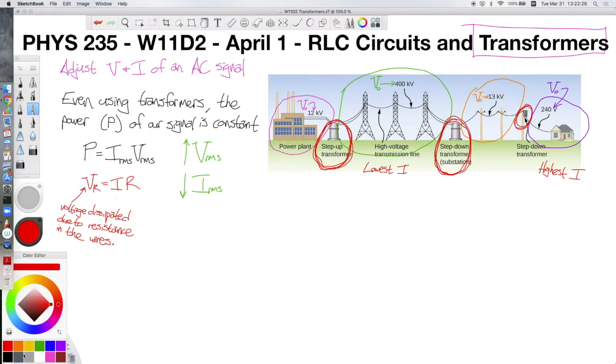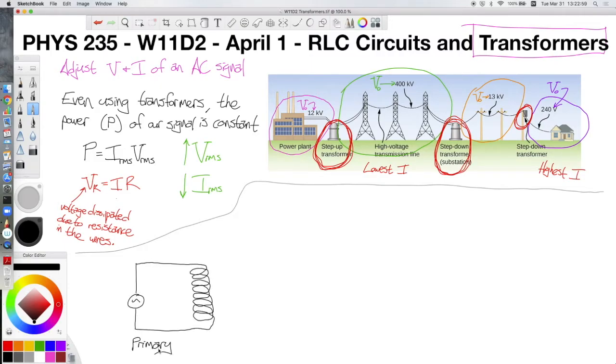So now on to what an actual transformer looks like. There are two halves of a transformer circuit called the primary and the secondary half, and they look as follows. The primary side of the circuit is hooked up to some AC power supply.